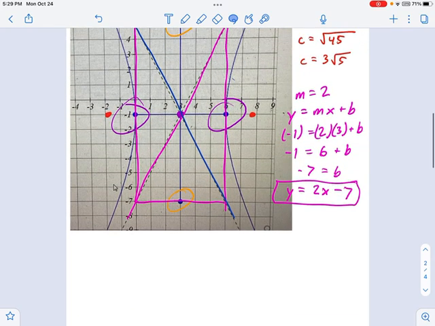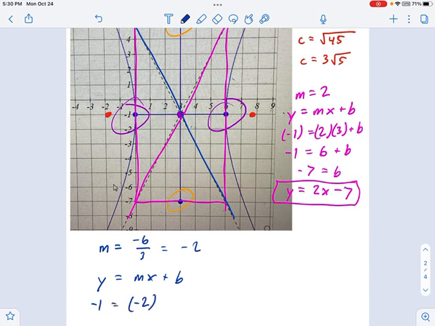So that asymptote that's going down, the way we do this guy is we say, okay, what's m equal to? Well, it's going down by 6 and over by 3. So that's m equals negative 6 over 3, right? Rise over run, that's negative 2. So now I say y equals mx plus b. The center point has not changed. Remember, that's negative 1 in y.